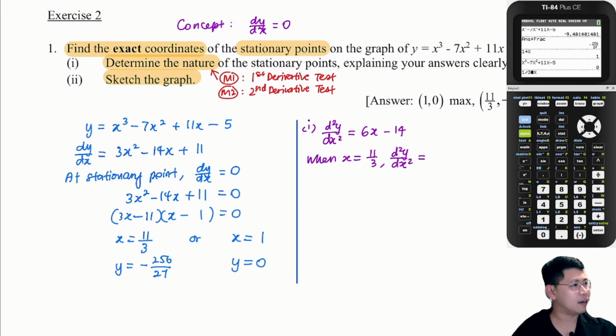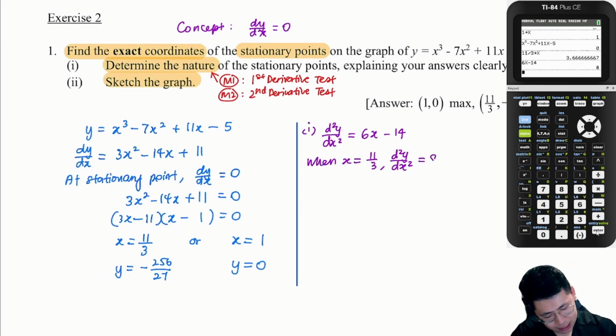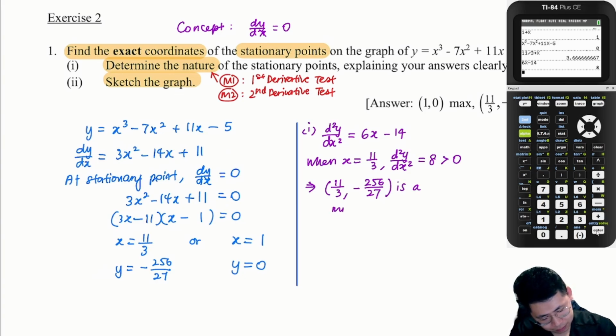Next one, I'm going to key in 6x minus 14, right? Enter, this will give me 8. So this 8 is greater than 0. So it tells us that this point, 11 over 3 and negative 256 over 27, is a minimum point.